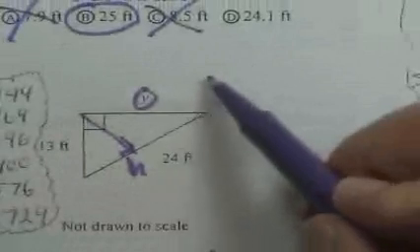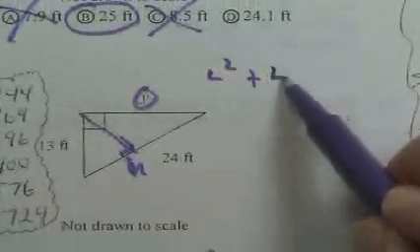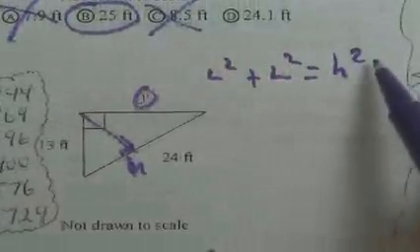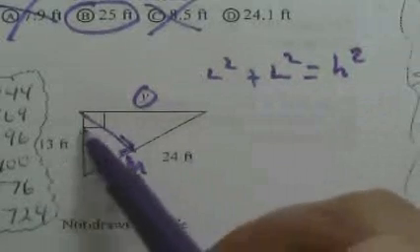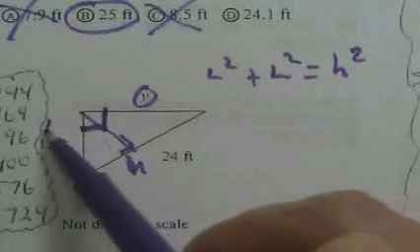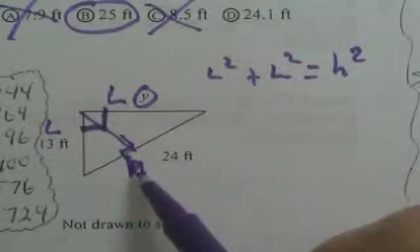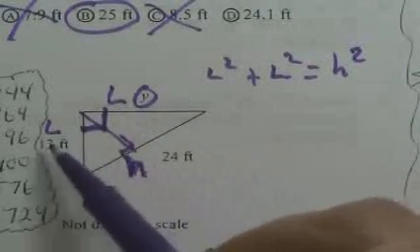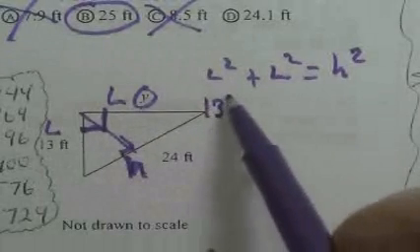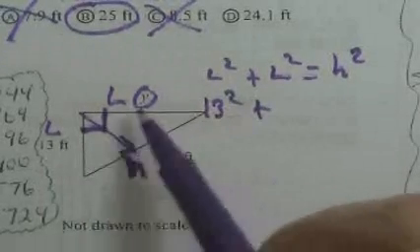Okay, so our equation is L squared plus L squared equals H squared. And here's your box. So this is a leg over here, and this is a leg over there. And of course, this over here is the hypotenuse. So we know one of the legs is 13. The other leg, we don't know.